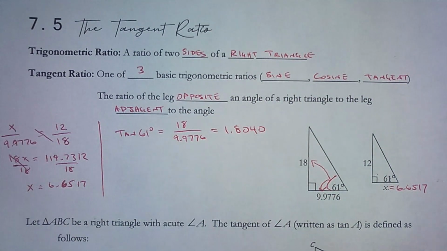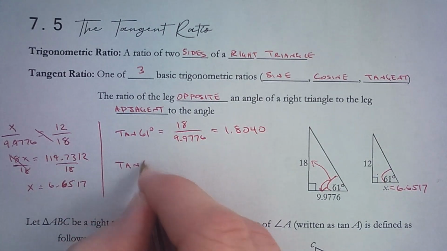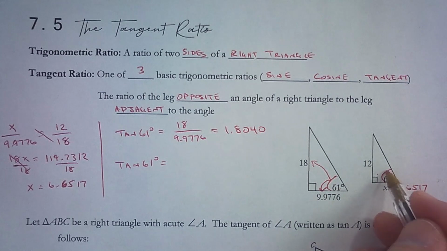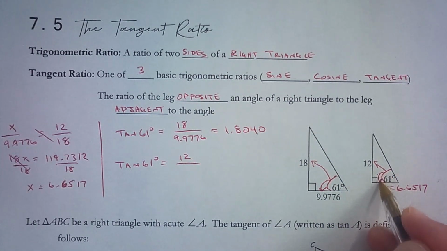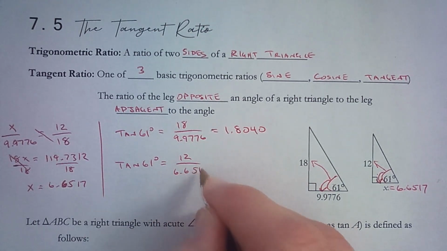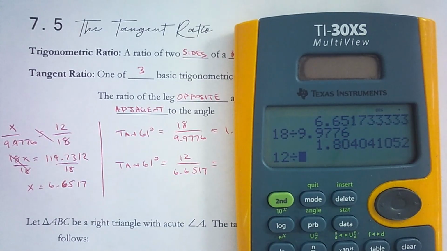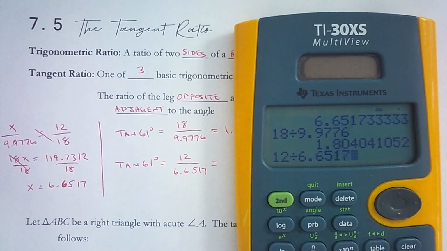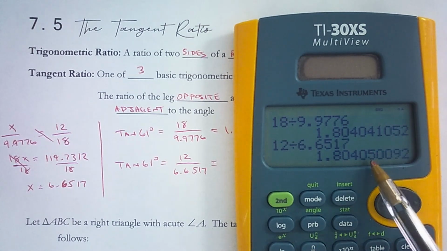Okay, now let's do that with the other triangle. For the other 61-degree angle, the leg opposite is 12, and the leg adjacent is 6.6517. And it's almost exactly the same.